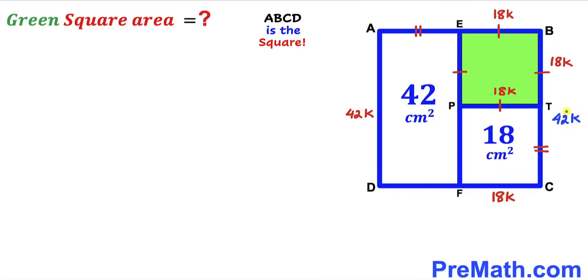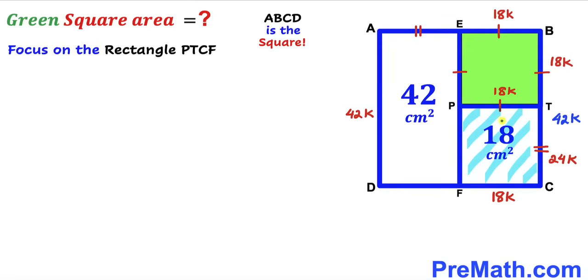So therefore we could see that this segment CT length has got to be 42k minus this side length 18k. If we subtract that, that is going to give us 24 times k. So therefore this side CT length turns out to be 24k.